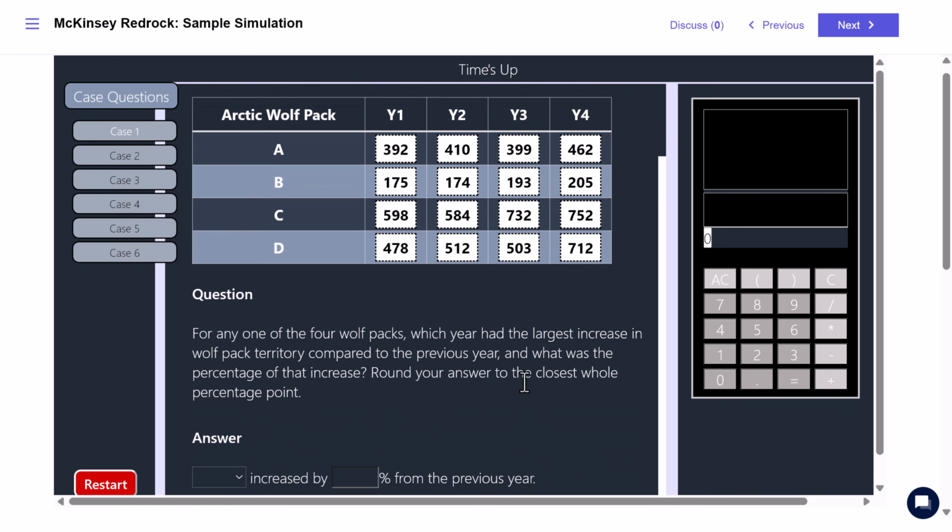We can first select year 4, then we calculate the percentage differential. 712 over 503 minus 1 is 0.42. However, it would now be a big mistake to move the 0.42 into the answer gap. In order to make it a percentage figure, we need to multiply it by 100 to make it 42%. Then we can insert the 42 into the gap.